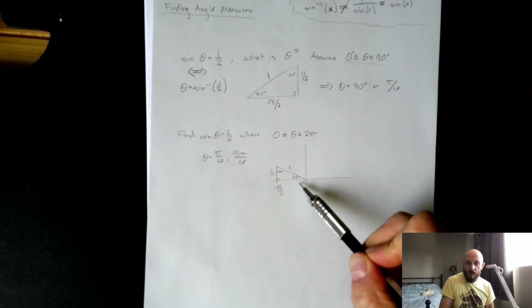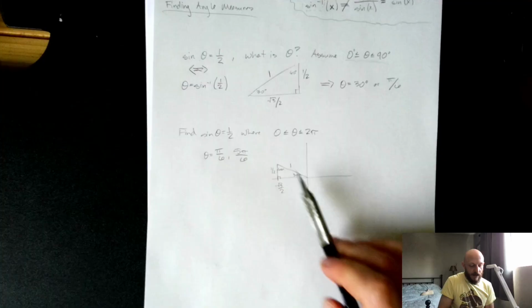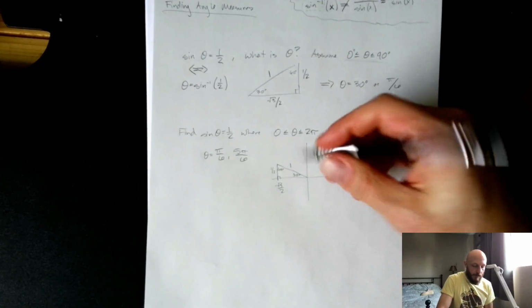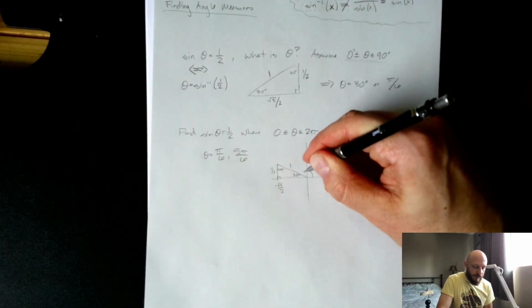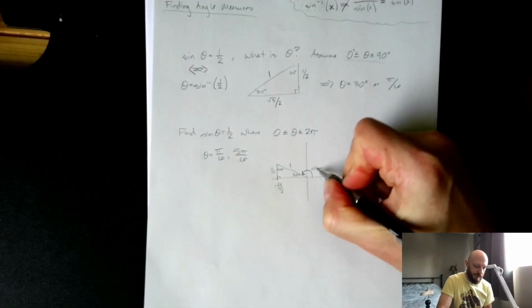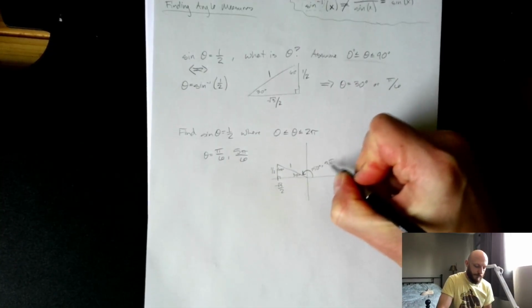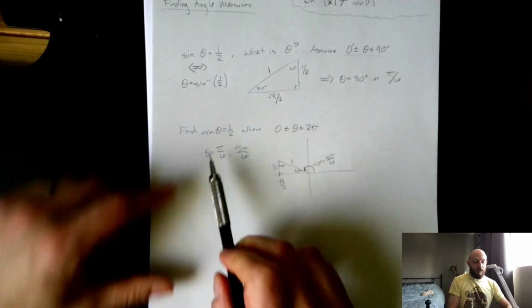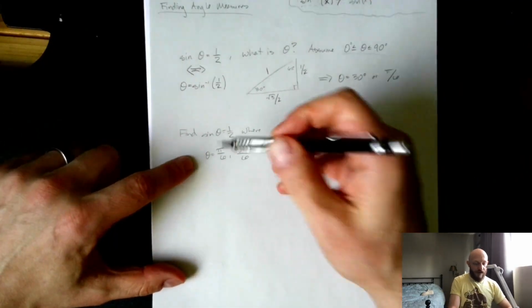So here's another situation where sine of theta is 1/2, but now theta is not 30 degrees, theta is 5 pi over 6, or 150 degrees. So there are two answers.